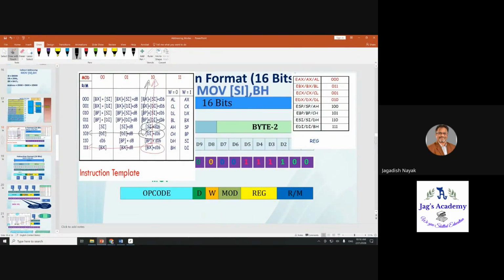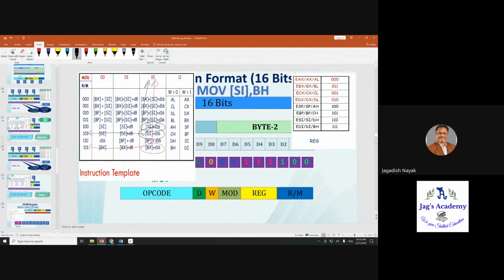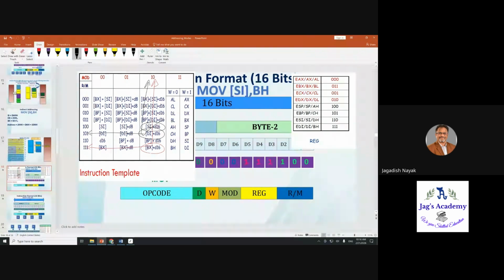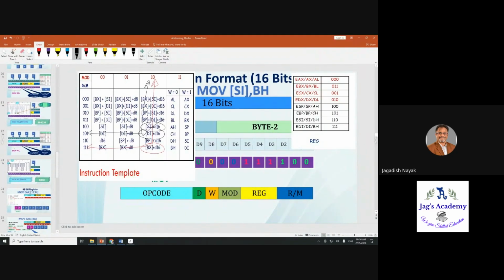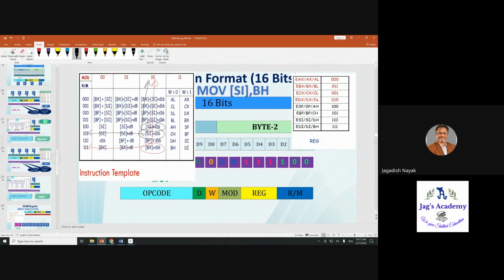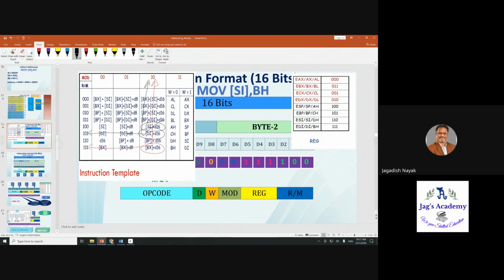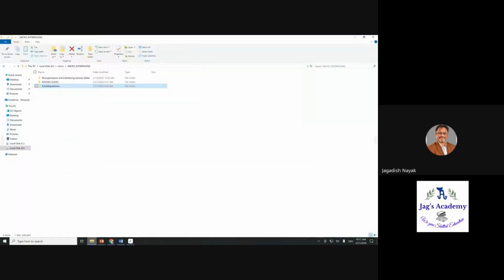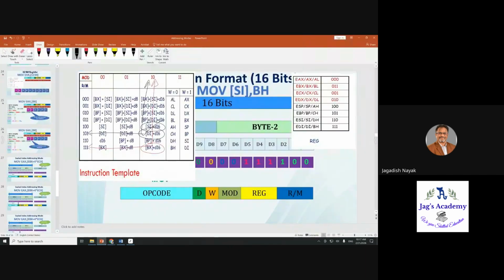Where is the segment overriding table? Assembly to machine is here.